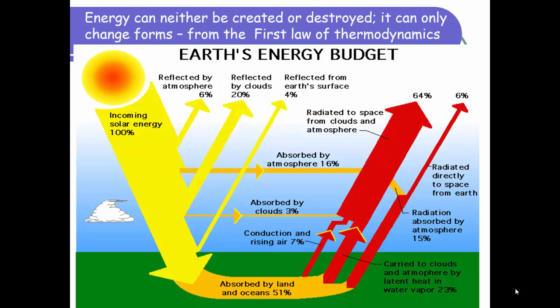I put this slide in about Earth's energy budget simply to remind myself to mention this. Energy can neither be created nor destroyed. It can only change forms. This actually comes from the first law of thermodynamics in physics. This simply shows that all of the incoming solar energy, if you added all these numbers back up again, would equal 100%.